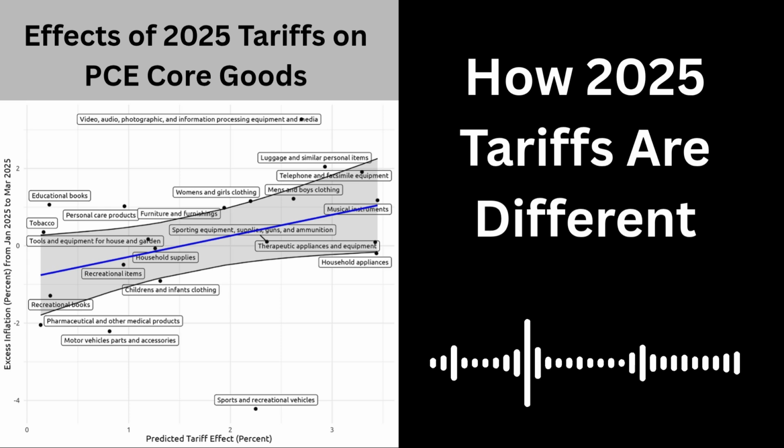Second, staged implementation and exemptions. The 2025 measures arrived in steps and with carve-outs, dulling a one-time shock like we saw in 2018 and 19. And thirdly, more frequent repricing. So after the pandemic, firms changed prices more often. That flexibility can dampen the apparent pass-through coefficient in an event study snapshot.